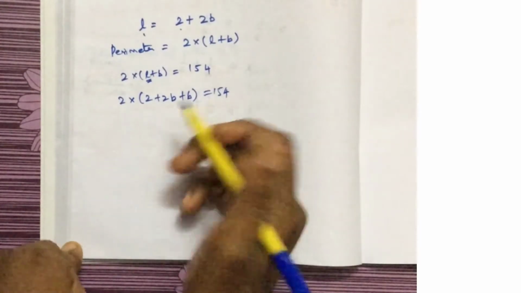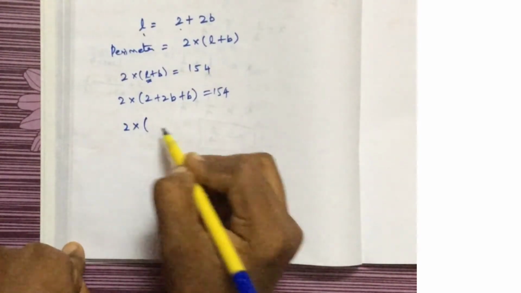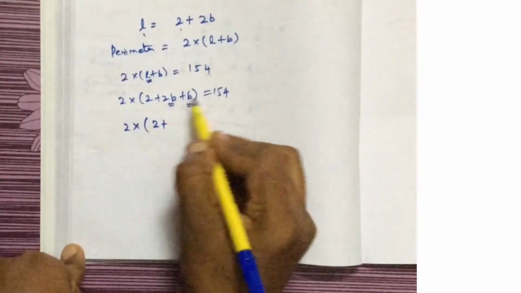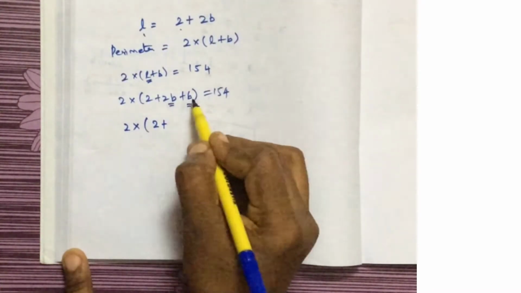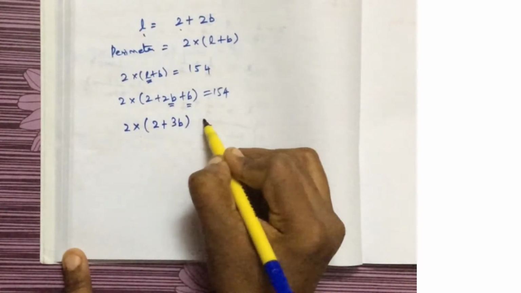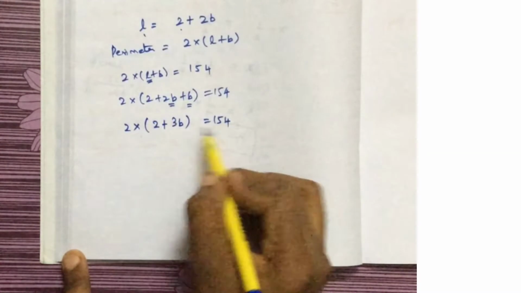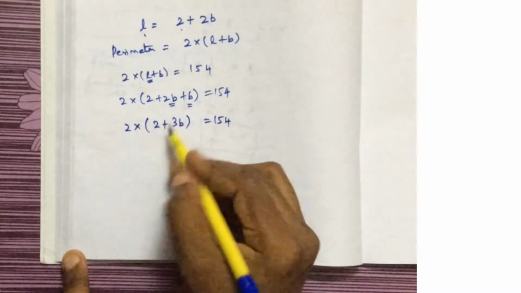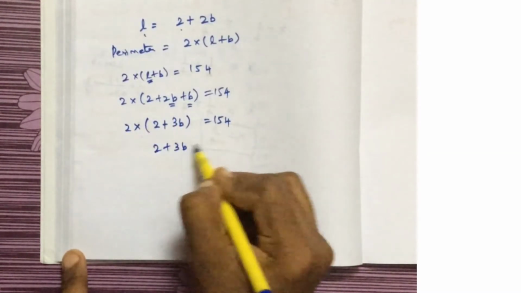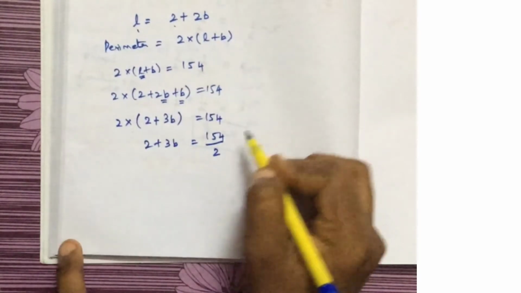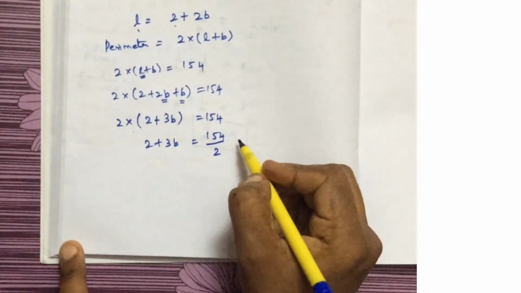Now, 2 multiplied by 2 plus these 2 terms having b in them, so you can add these. 2b plus b is 3b, that is equal to 154. Now I am dividing by 2 on both sides. This 2 will get cancelled. So 2 plus 3b equal to 154 divided by 2. What is 154 divided by 2?